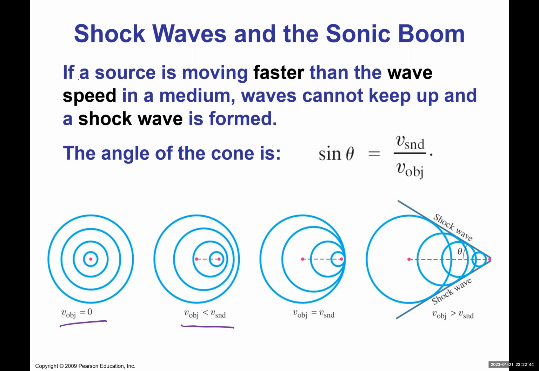You can see that if a source is moving faster than the wave speed in the medium, waves cannot keep up and a shock wave is formed. The equation is pretty much using simple geometry. We can see that the sine of the angle theta can be calculated as the ratio of the velocity of the sound divided by the velocity of the moving object.